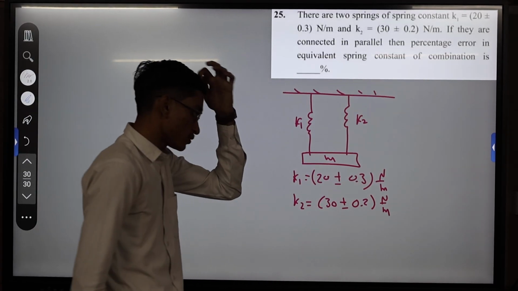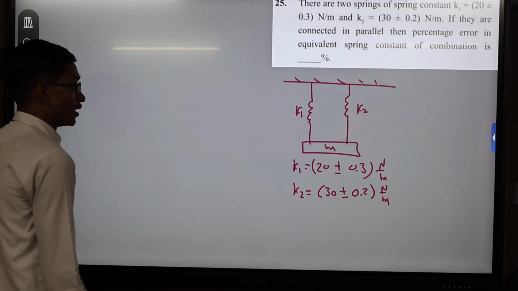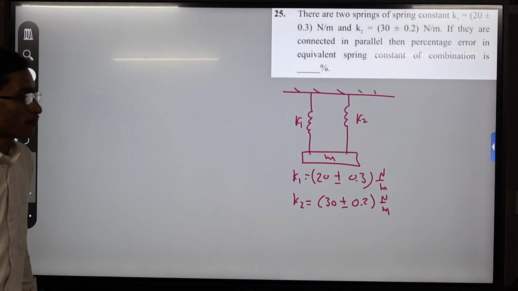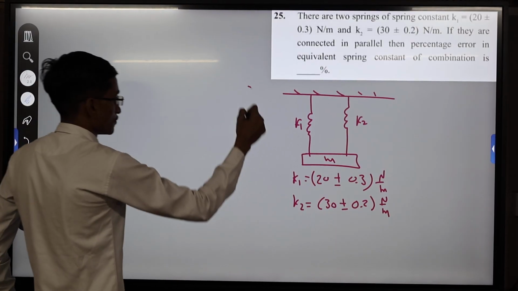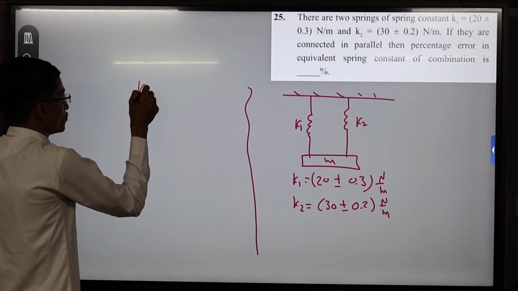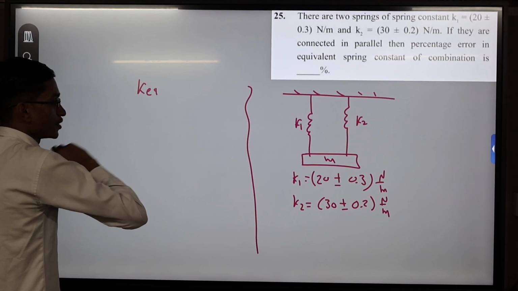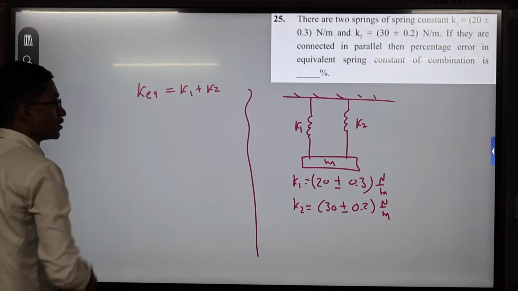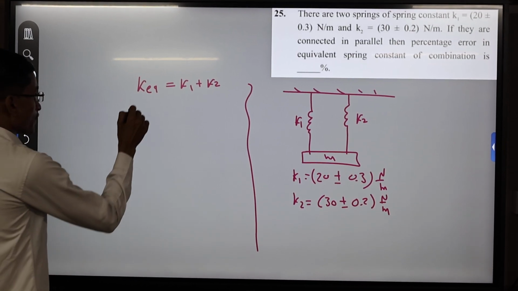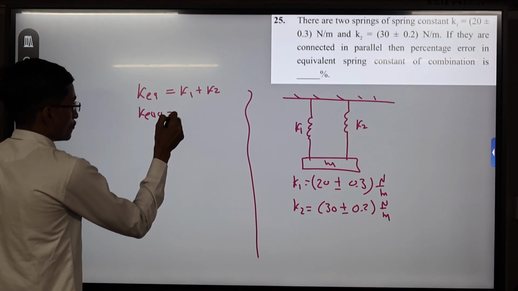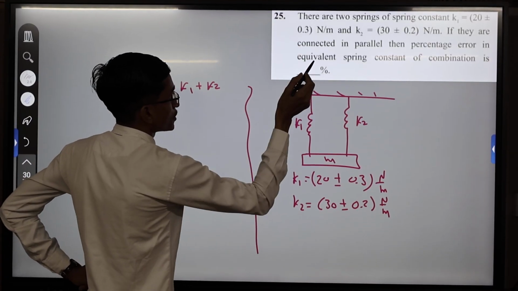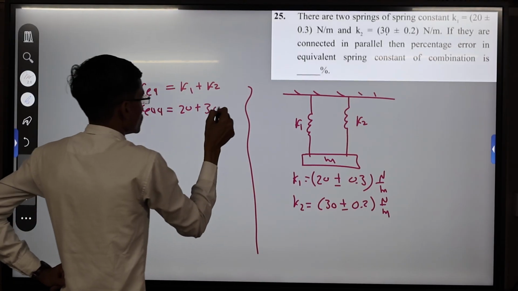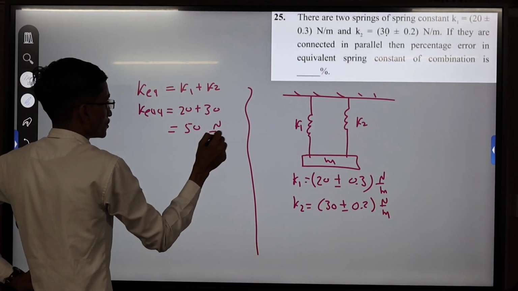Okay, so this is a question on error. We know that the equivalent spring constant for a parallel combination is K equivalent equals K1 plus K2. So K equivalent will become 20 plus 30, which is 50 Newton per meter.